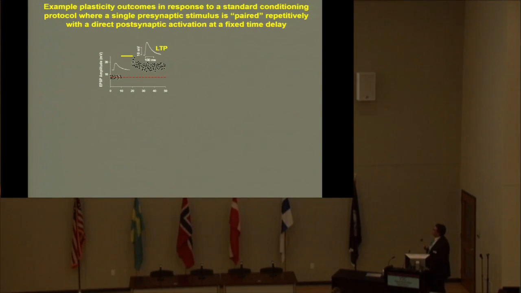So several years ago, we published a paper that Iskander Ismailov and Haja were lead authors on, where we were trying to do some simple experiments where we paired pre- and post-synaptic activity to look at plasticity in the visual cortex. We did the experiments, and many times they came out the way we expected. We paired activity, and this is a classic example of long-term potentiation.